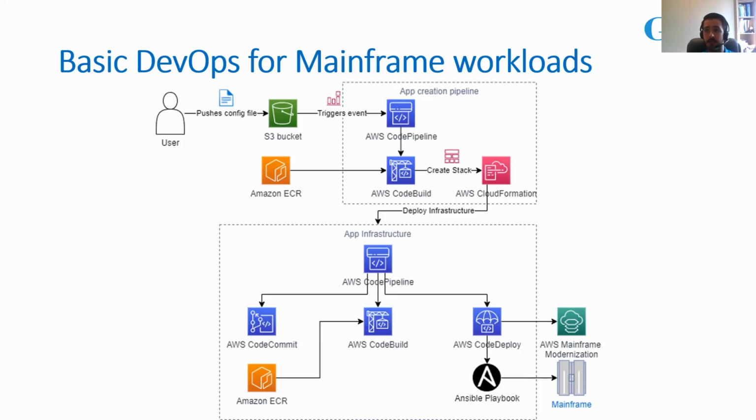And once I'm sure the code quality is good, I can add an extra step saying, hey, my test is good. I have a manual approval, or I have some other trigger events that will be used for the Ansible playbook here to deploy the code to the mainframe.